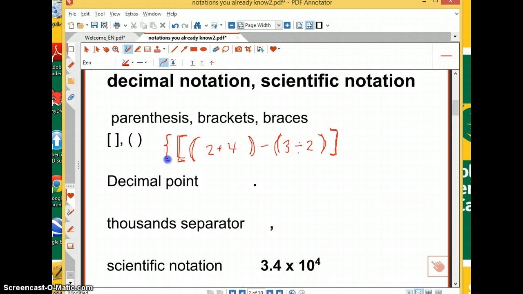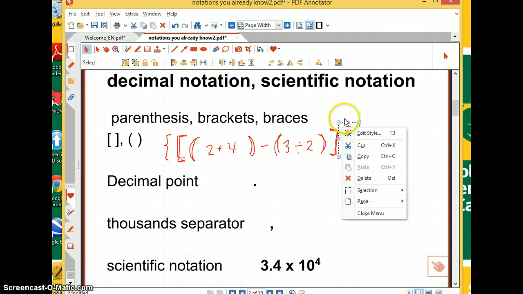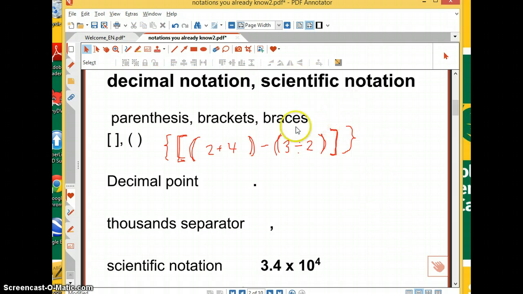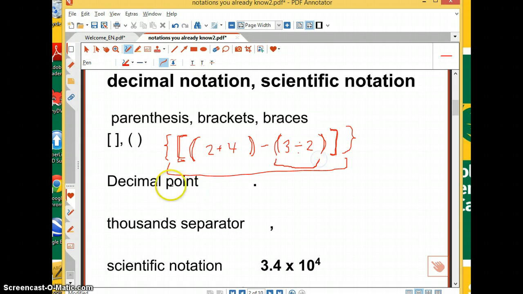You could also use these on the outside. They're all just different parentheses, and you just pair them together to understand what you're doing there. This goes with this. This goes with this. See?